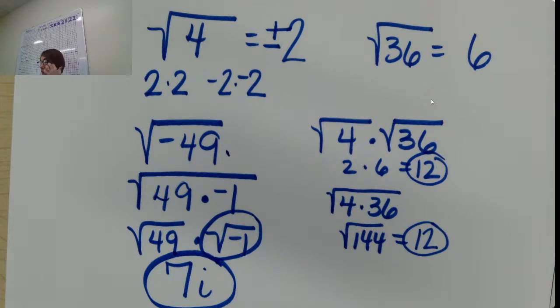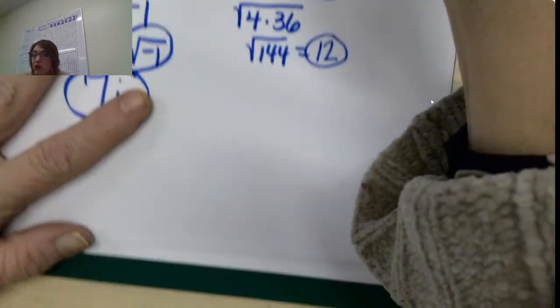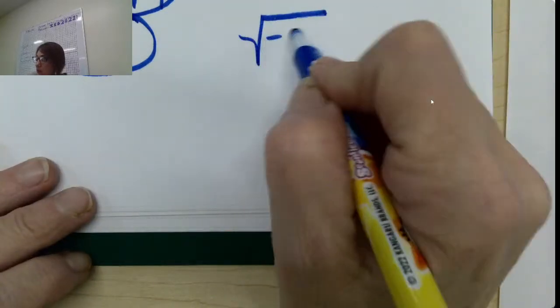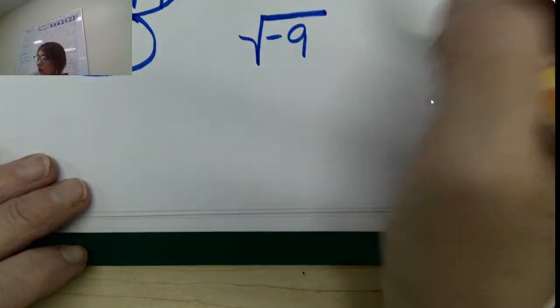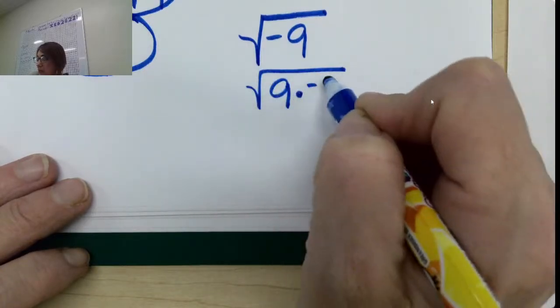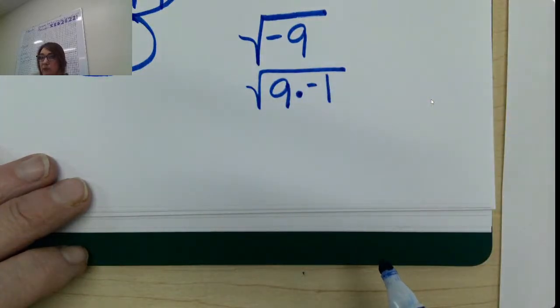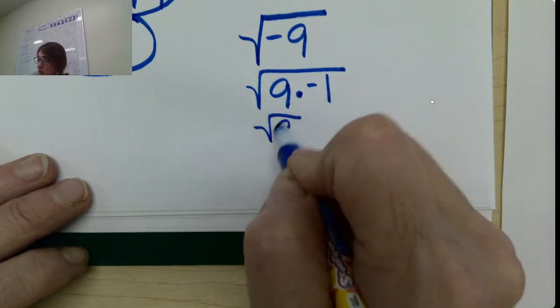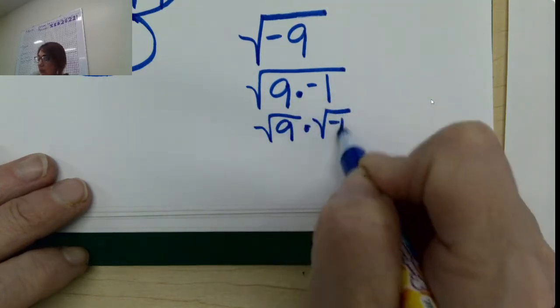Everybody good so far? Okay, so anytime you have a negative value under your radical, you can break that number into its form times -1. For example, the square root of -9. We can break this up into the square root of 9 times -1, which is the same thing as the square root of 9 times the square root of -1.